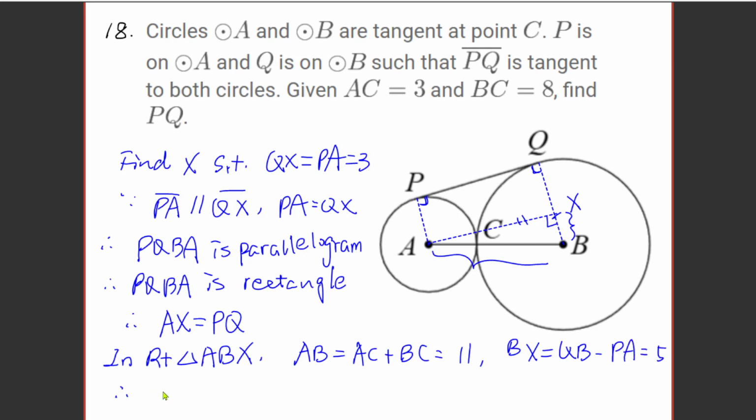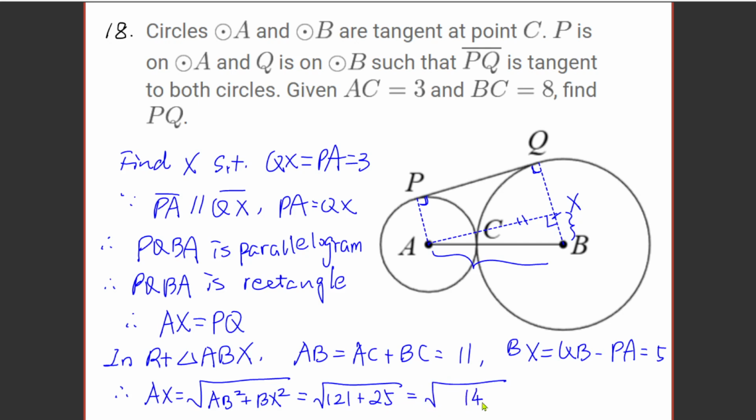And therefore AX equals square root of AB squared plus BX squared, and this gives us 121 plus 25, and that's square root of 146, right? Oh, sorry. This should be a minus sign here, because AB is hypotenuse.